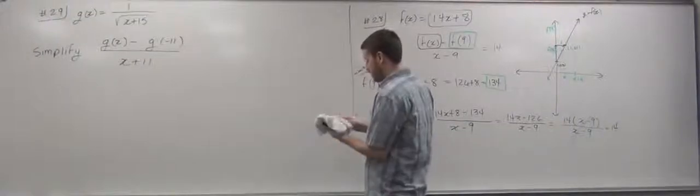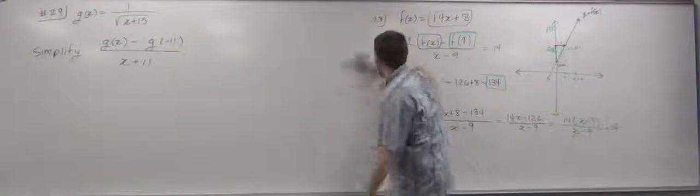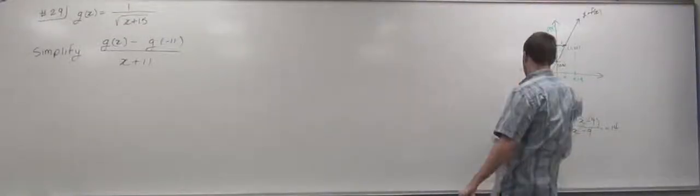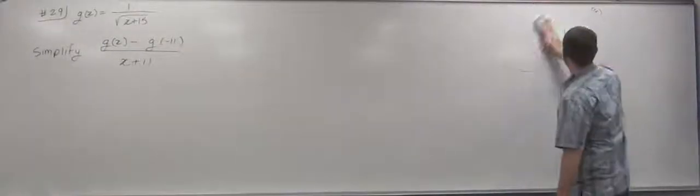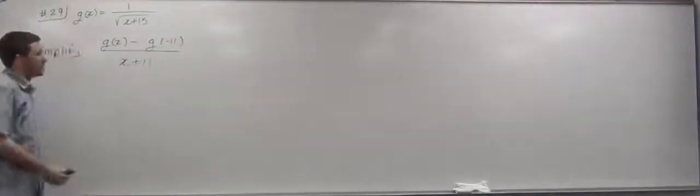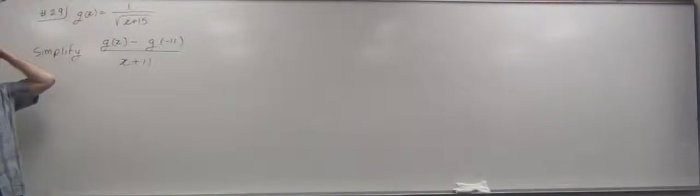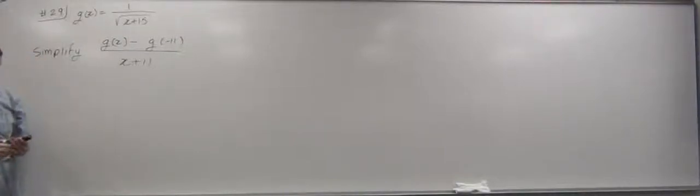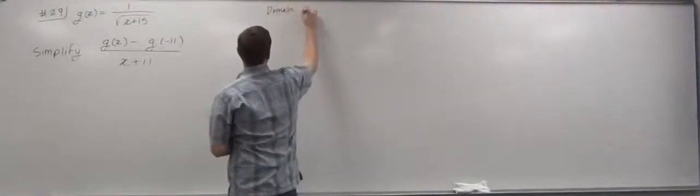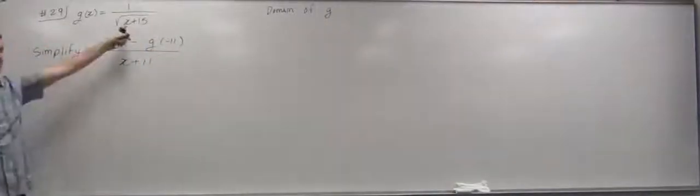Just, again, because I'm more interested in you understanding than actually being able to do the algebra. The algebra is important. Not as important as the understanding. Whatever this function is, I do know a little bit about this function. For example, can you guys tell me what the domain of this function is? Yeah, so if x is negative 15, that's a problem, right?